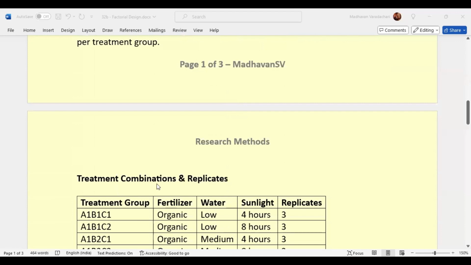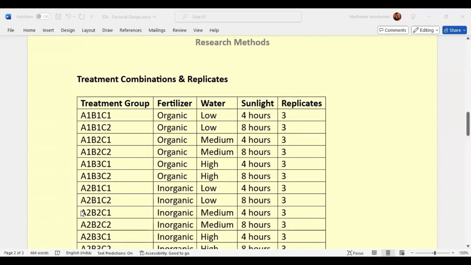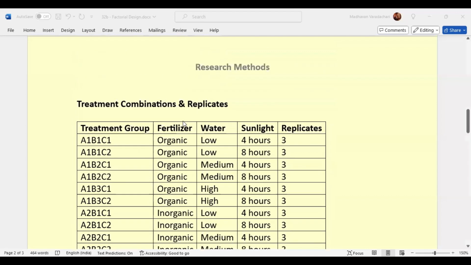So the treatment combinations and replicates will be, we have A1, B1, C1, A1, B1, C2, A1, B2, C1, A1, B2, C2, A1, B3, C1, A1, B3, C2, A2, B1, C1, A2, B1, C2, A2, B2, C1, A2, B2, C2, A2, B3, C1, A2, B3, C2, like that. So what is A1?